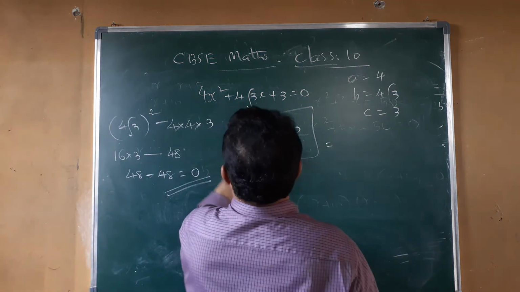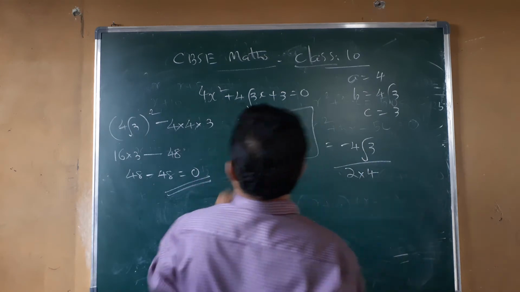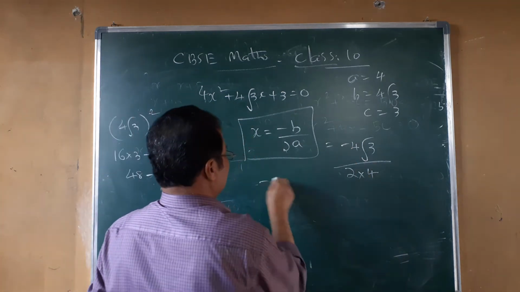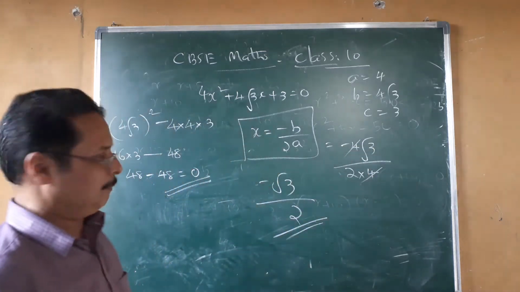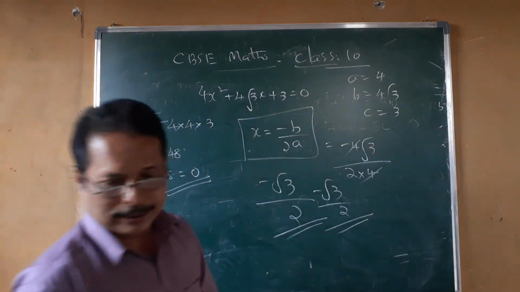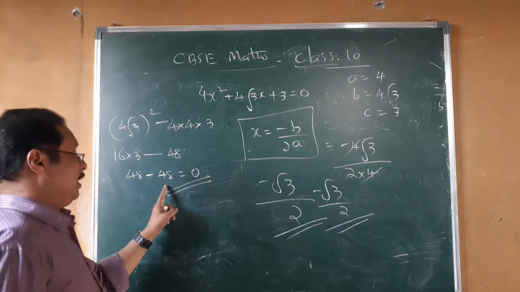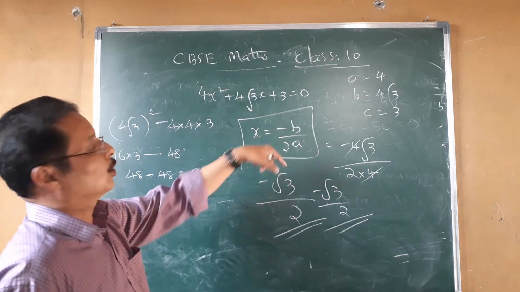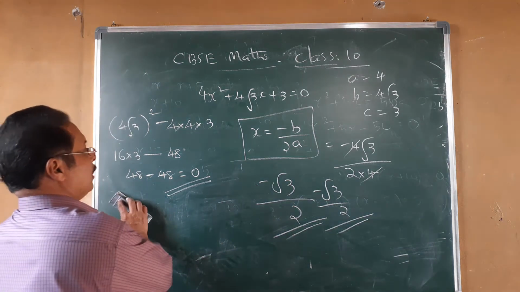So minus b means minus 4 root 3 by 2 into a, 2 into 4. 4 cancel, minus root 3 by 2. That's your final answer. There are two answers and they are equal: minus root 3 by 2, two times. You get the idea? If b square minus 4ac equal to 0, x is equal to minus b by 2a. Remember that?